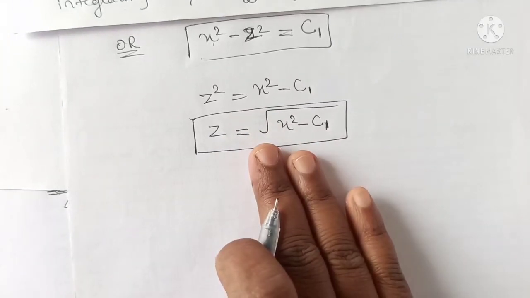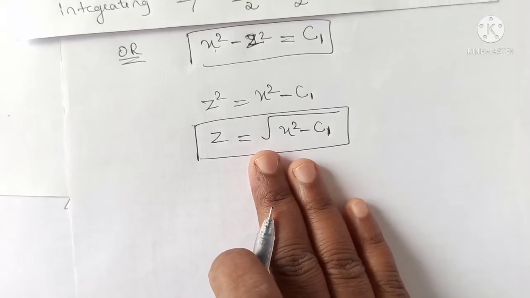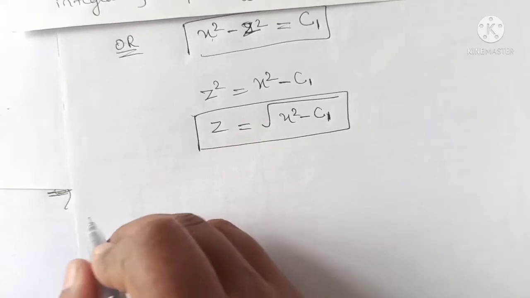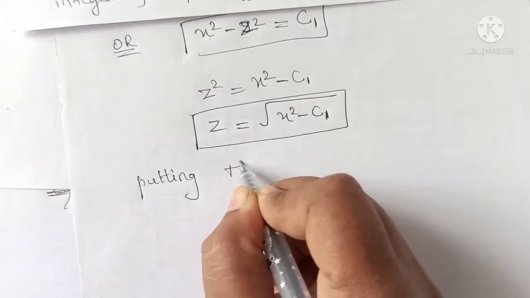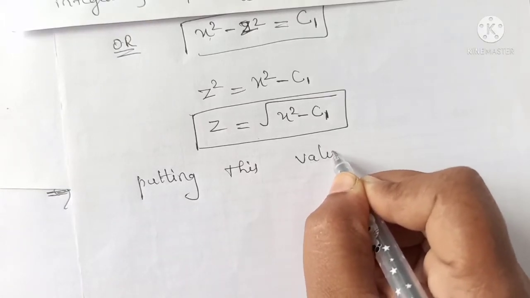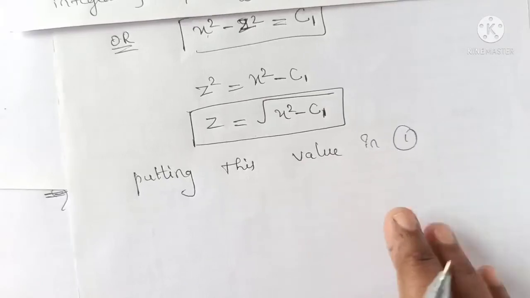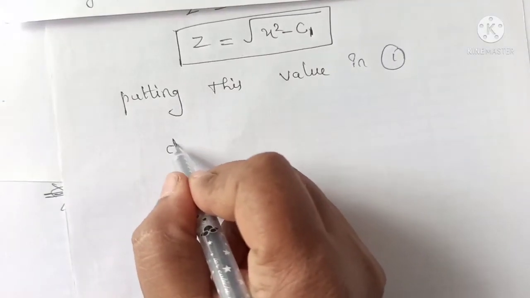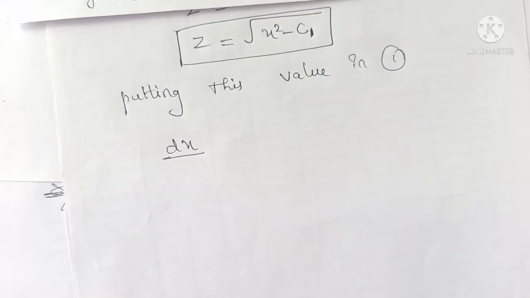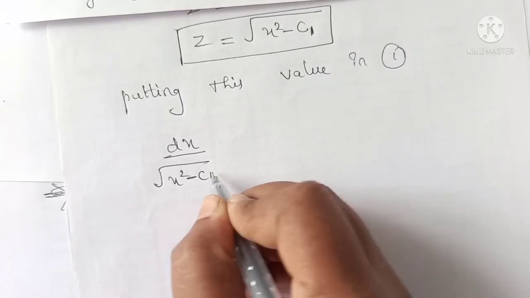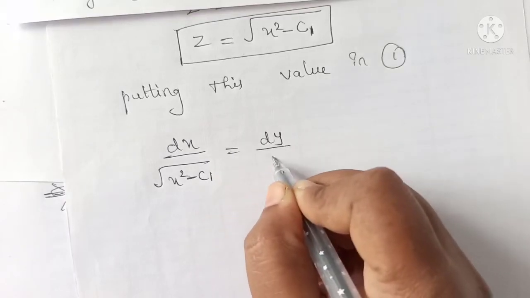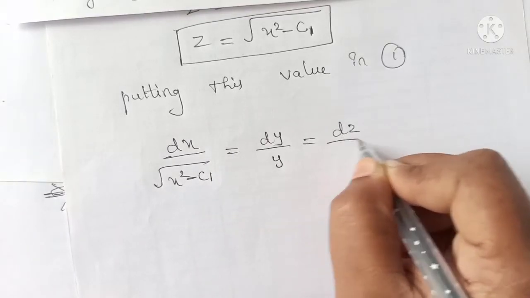We substitute this value in equation 1. So substituting in equation 1, we get dx divided by root of x square minus c1, dy divided by y, is equal to dz divided by x.